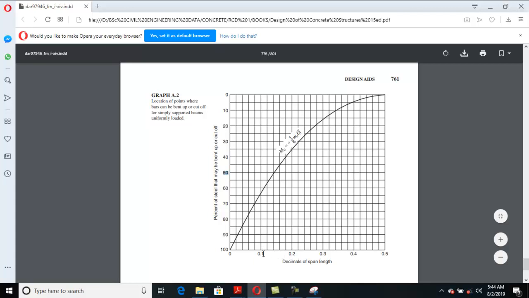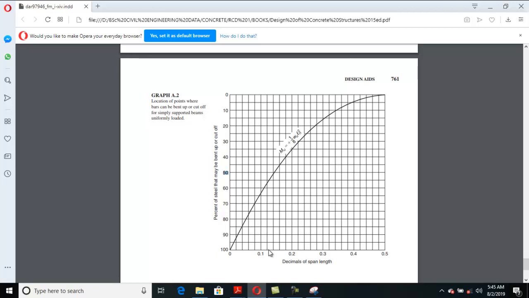So you can say 50% is around about 0.1, 1, 2, 3, 4, 5, 6, so 0.167 roundabout. You just multiply that 0.167 with the length of the beam, and you can get the theoretical cutoff point.